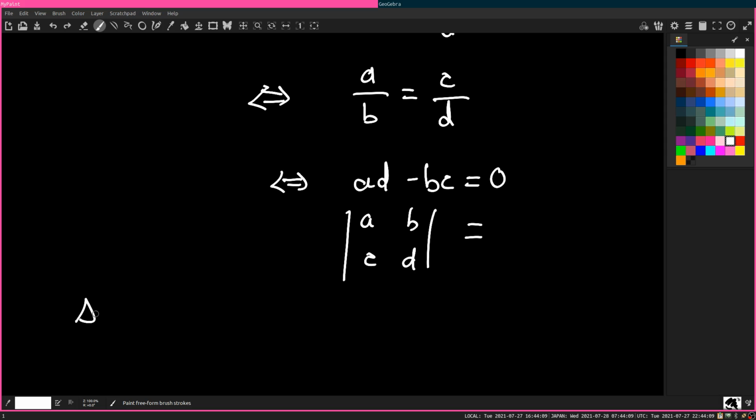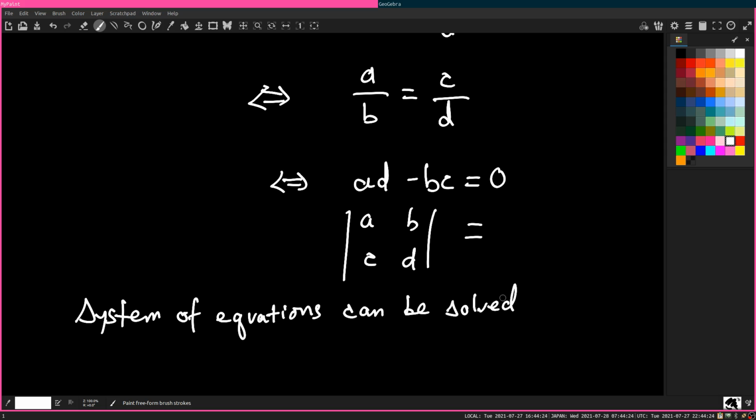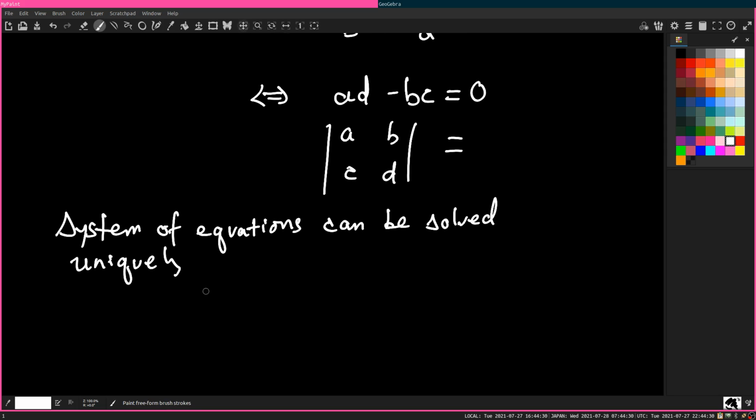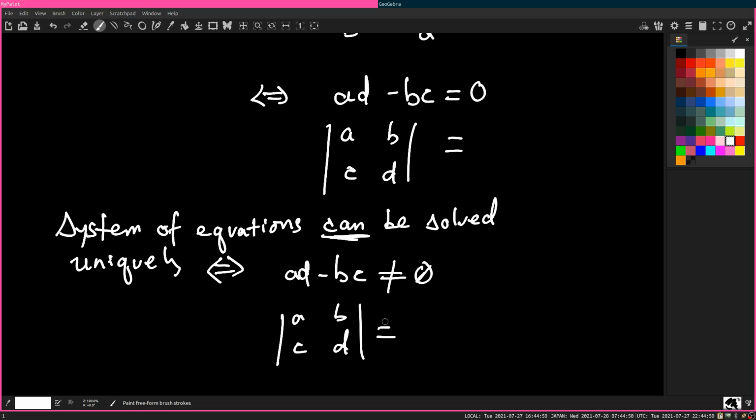the system of equations can be solved uniquely, affirmative, if and only if AD minus BC is not equal to 0, i.e. the determinant of A, B, C, D is not equal to 0.